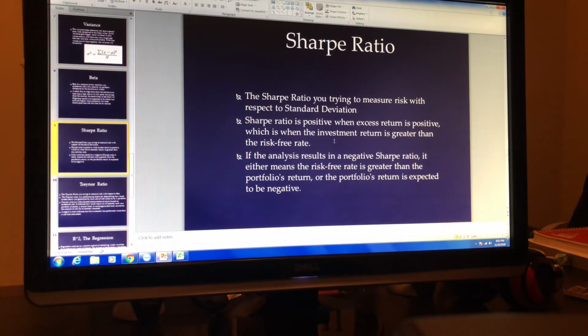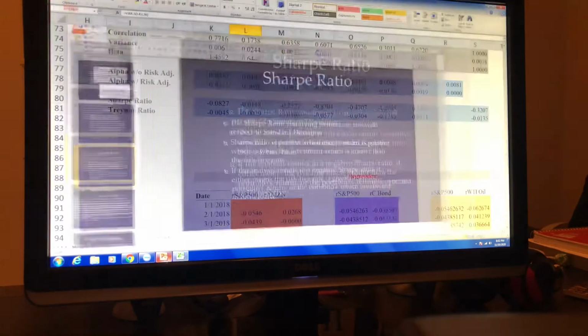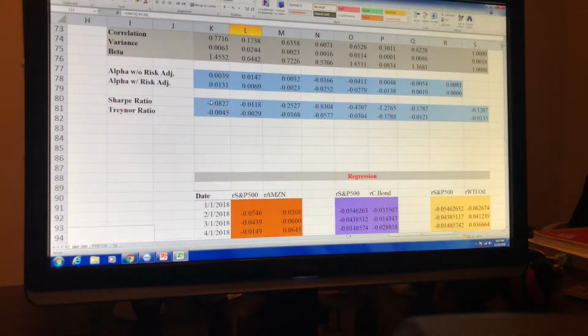If the analysis results in a negative Sharpe ratio, it either means that the risk-free rate is greater than the portfolio return, or the portfolio return is expected to be negative. The portfolio return didn't expect to be negative. I believe it's this one right here. It means that the risk-free rate is greater than the portfolio return, which I believe to be true, as we saw a whole negative line throughout the indexes, oil, bonds, stocks, throughout the whole thing. We saw a negative Sharpe ratio throughout that.